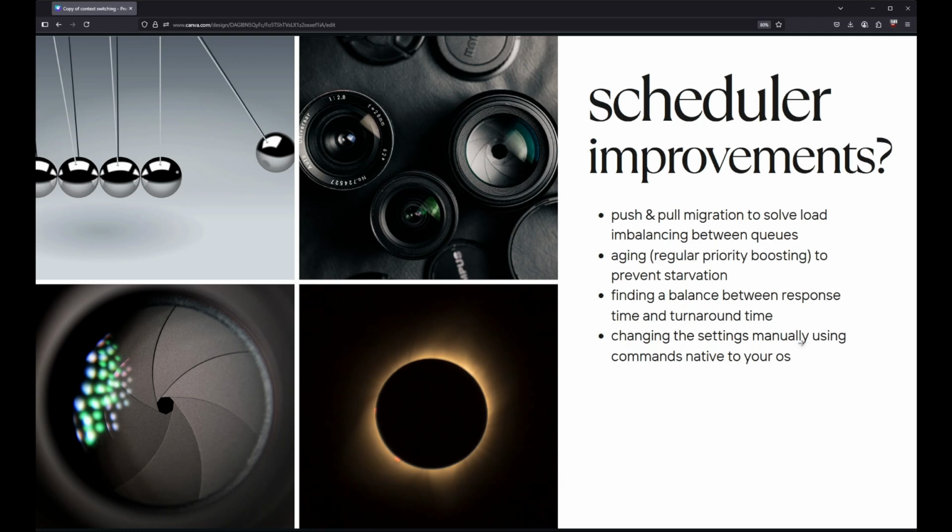You can actually change the settings for these manually using commands native to your OS. Linux has specific commands for various different things, not just scheduling. For example, we have madvise, where we can change the settings of memory that we allocate for specific processes.